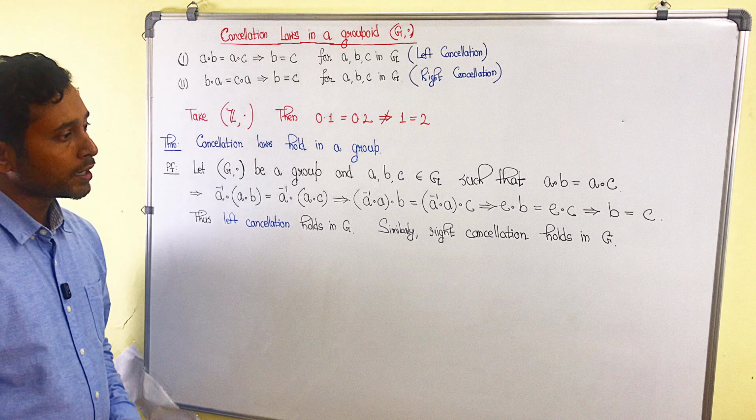Now since we are assuming that left cancellation holds, from our previous discussion we can say that the left multiplication map LA is injective. So LA from G to G, given by X being mapped to AX, or A compose X, is injective.